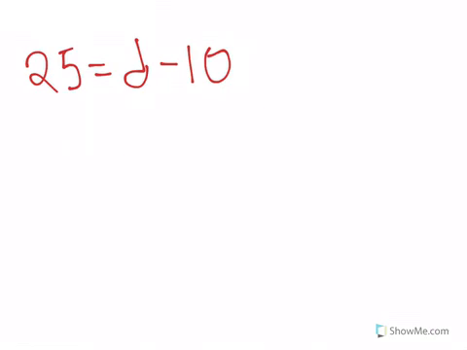All right, let's look at another example here. 25 equals D minus 10. So what I need to look at here is what minus 10 would be 25? Well, I know that 25 plus 10 is 35, so let's test that one out. 35 minus 10, is it the same as 25? It is, right? And because that is the case, is there any other number I could put in there that would make that true?